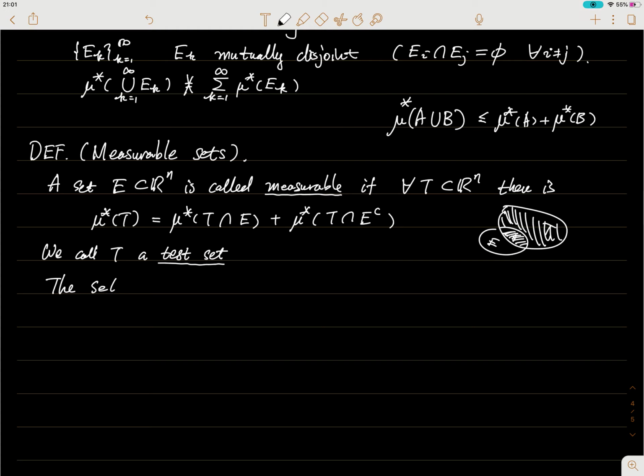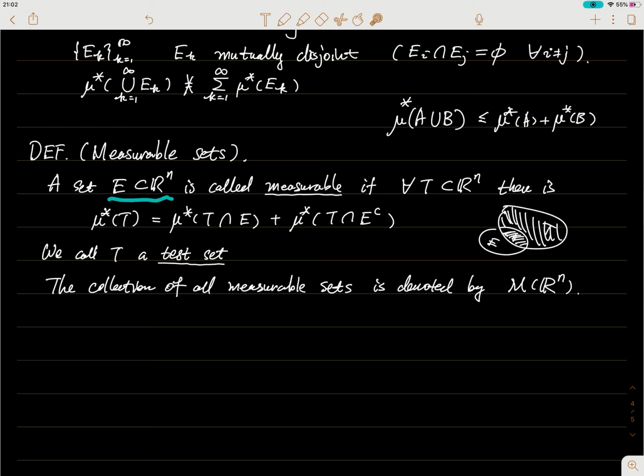The collection of all measurable sets is denoted by M of Rn. So the collection of all such measurable sets E is denoted by that, and sometimes it's just denoted by M.